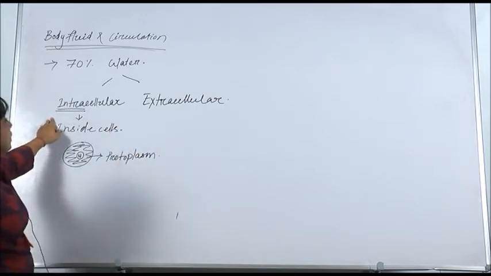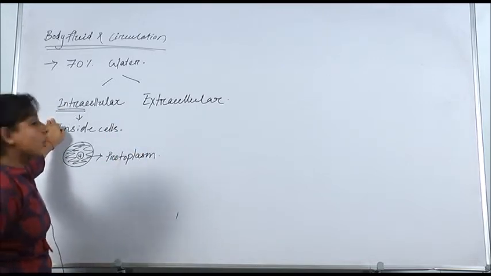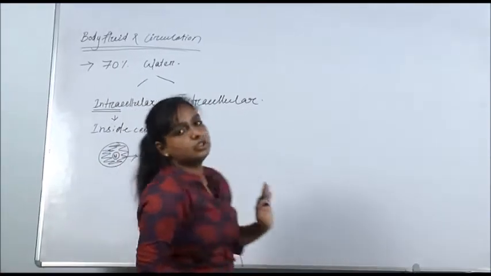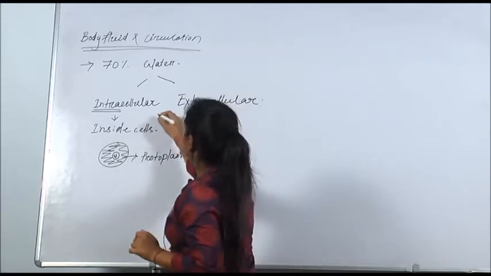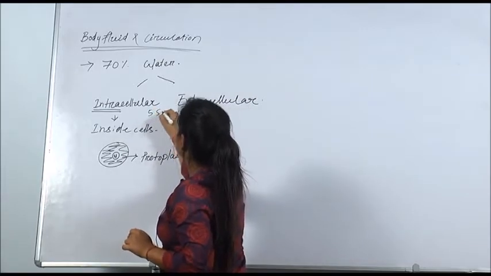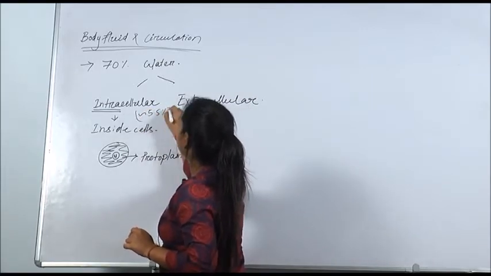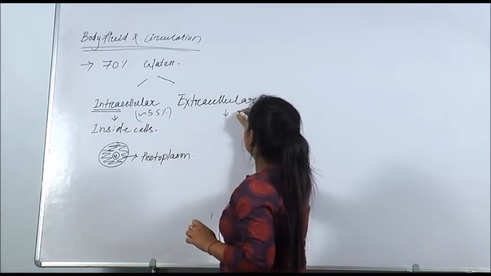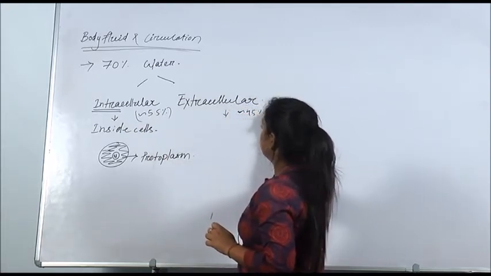When we are talking about intracellular fluids, all the protoplasm present inside the cells is considered. This intracellular fluid consists of approximately 55% of total body fluid, whereas the extracellular fluid consists of around 45% of total body fluid.